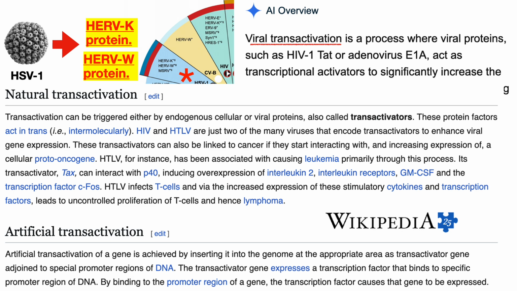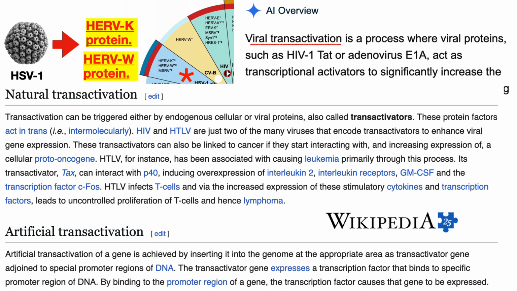Its transactivator, TAX, can interact with P40, inducing overexpression of interleukin-2, a cytokine, interleukin receptors, GM-CSF, and the transcription factor c-FOS. HTLV infects T cells, and via the increased expression of these stimulatory cytokines and transcription factors, leads to uncontrolled proliferation of T cells and hence lymphoma.